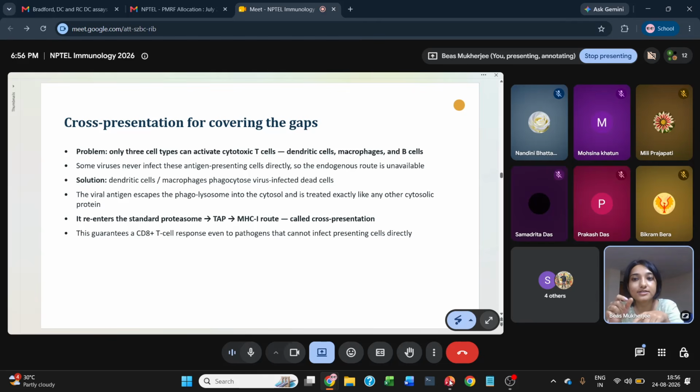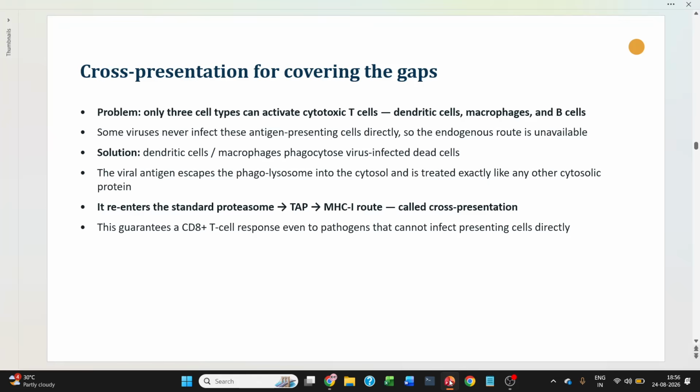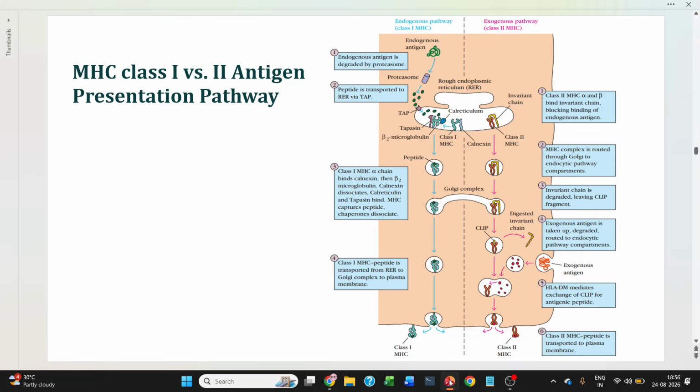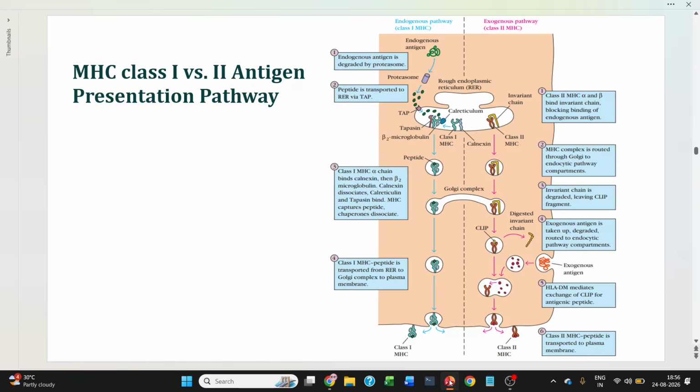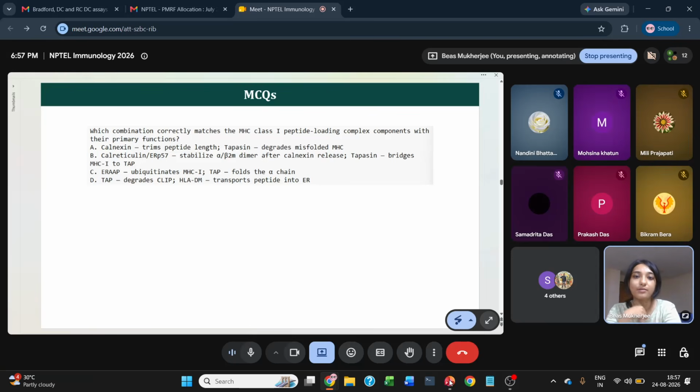So it re-enters the standard proteasome, TAP, MHC1 route called cross presentation, and this guarantees that a cytotoxic T lymphocyte is always going to recognize it, even for pathogens that cannot infect presenting cells directly. This is once again given here for your understanding, and we will come to the questions.